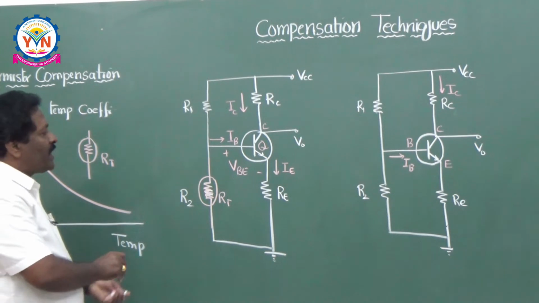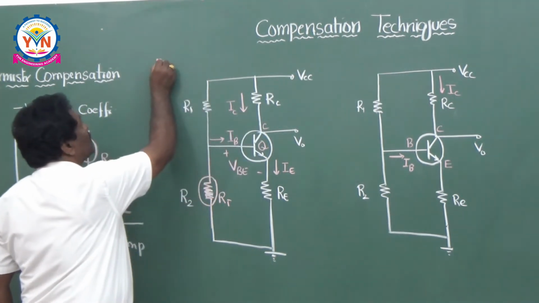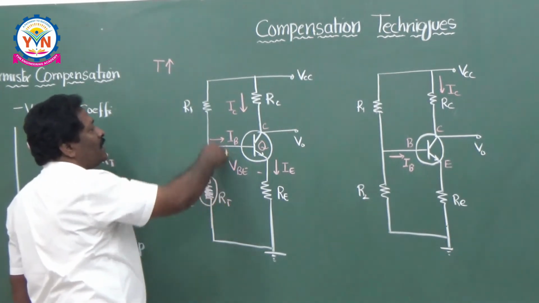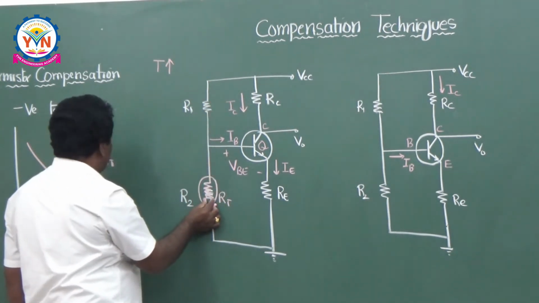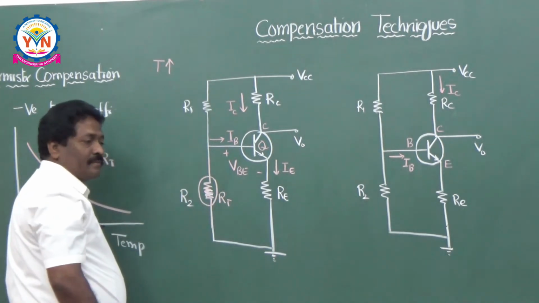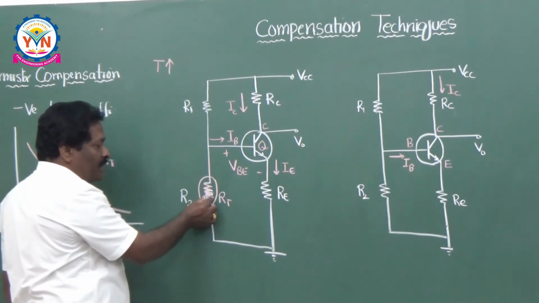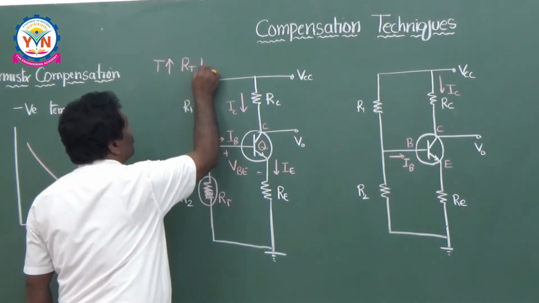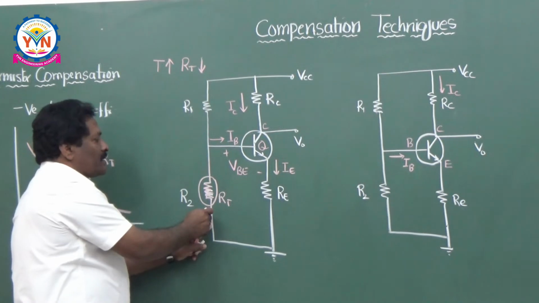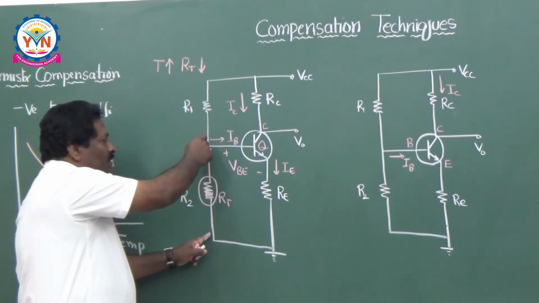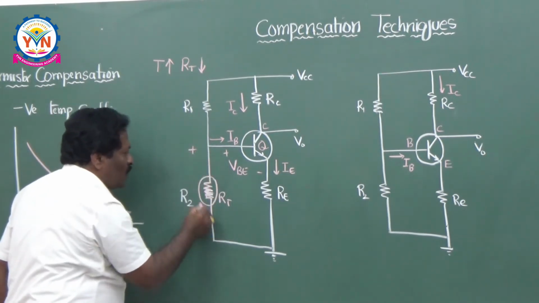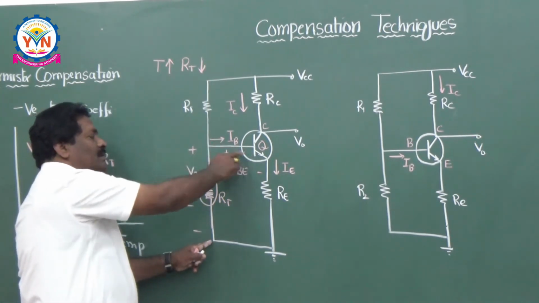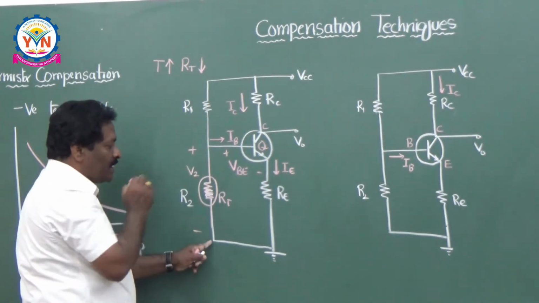Now, I have to check the temperature variations. If temperature increases, what happens? Temperature increases means resistance decreases. It is the property of a thermistor. That means RT decreases. If RT decreases, the voltage across it, let it be V2, which is forward biasing this junction, decreases because the resistance decreases here.